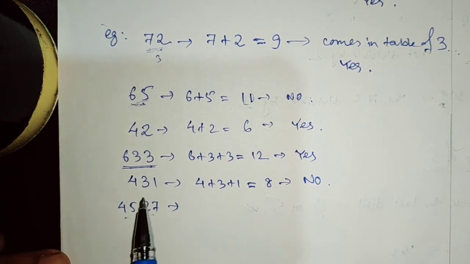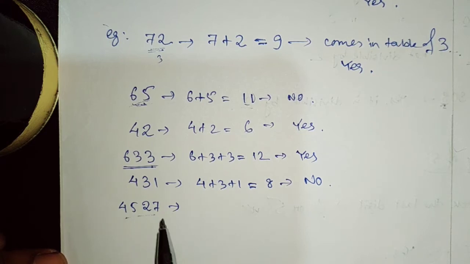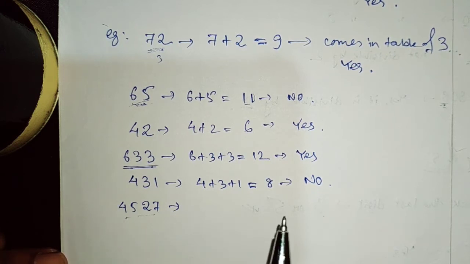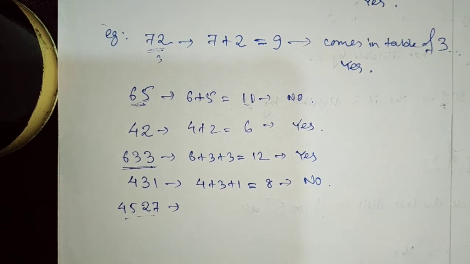If this number is divisible by 3, then you write there that 4527 is divisible by 3. And if it is not divisible by 3, then you write 4527 is not divisible by 3. Okay, you just reply to me like that in the WhatsApp group.